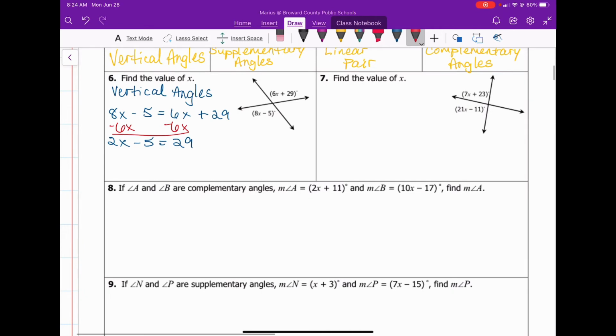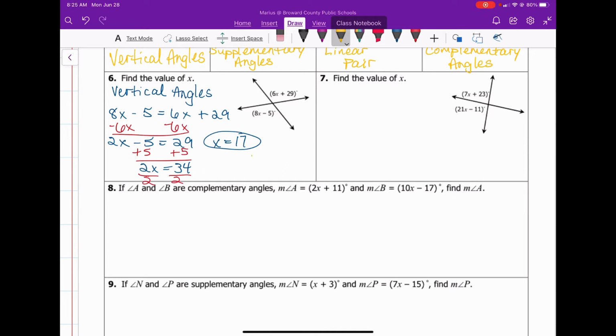Then we're going to add 5 to both sides. And that's going to give us 2x is equal to 34. And then we're going to divide both sides by 2. Right? Which leads us to our answer, x is equal to 17. So they asked us to find the value of x. Now, what if they asked us to find the value of one of the angles?